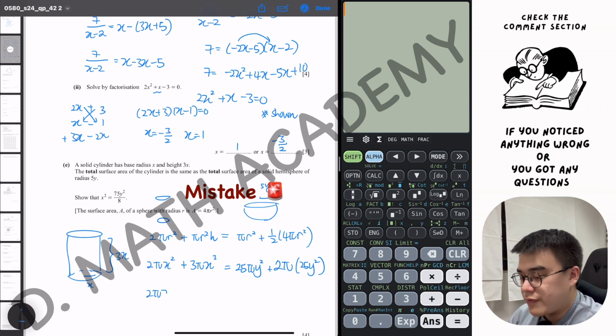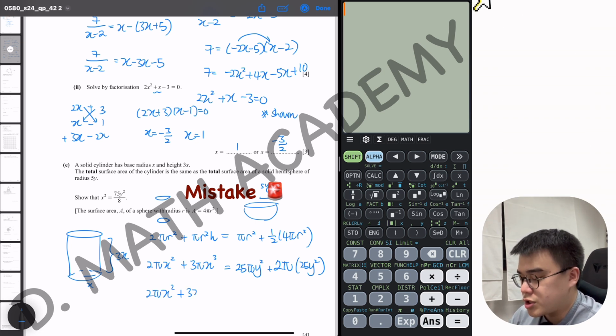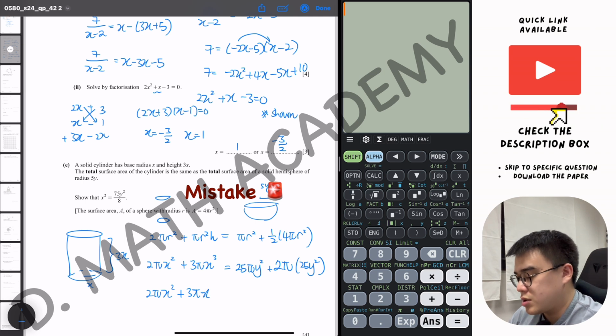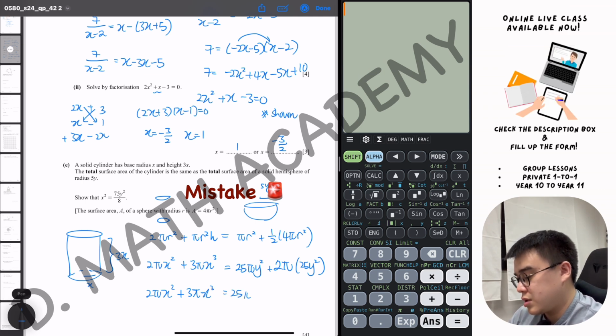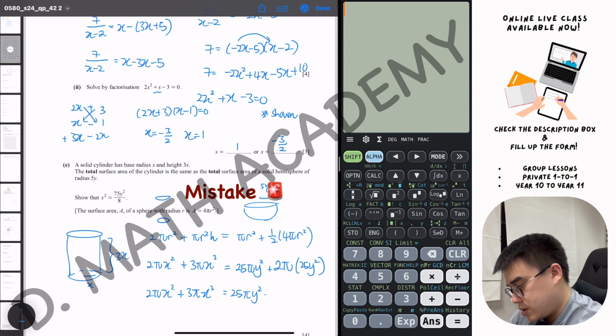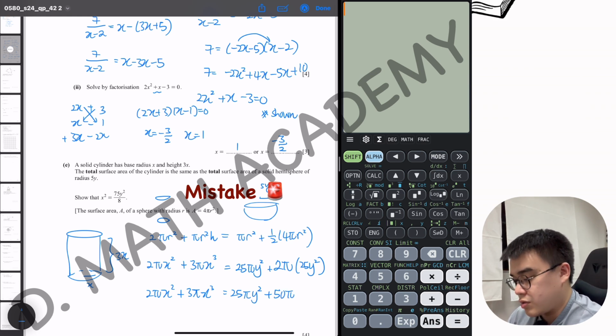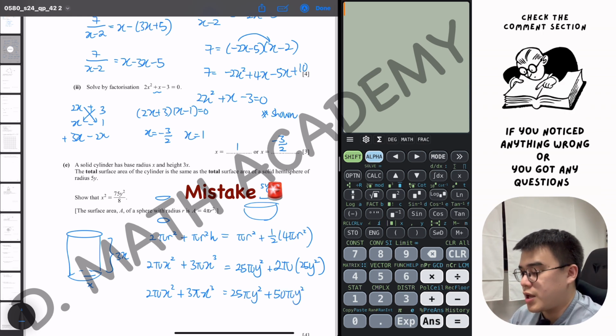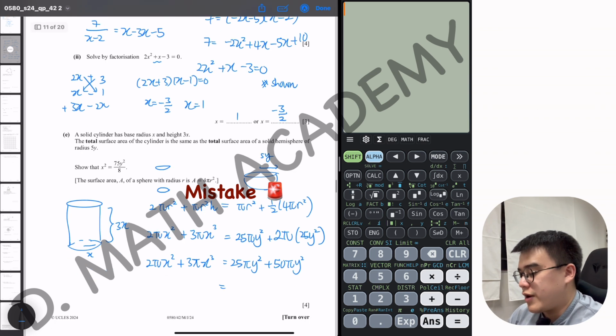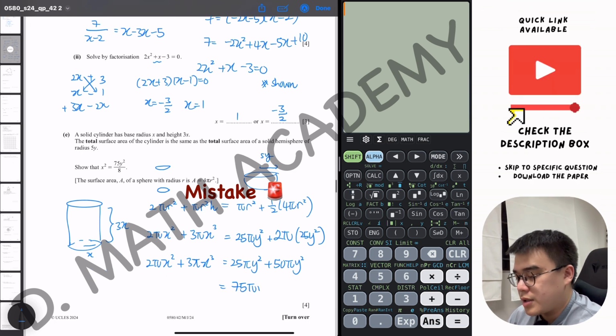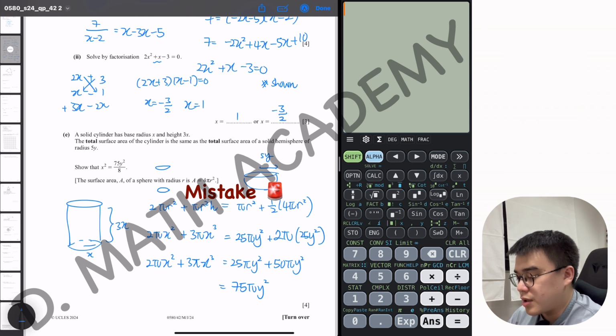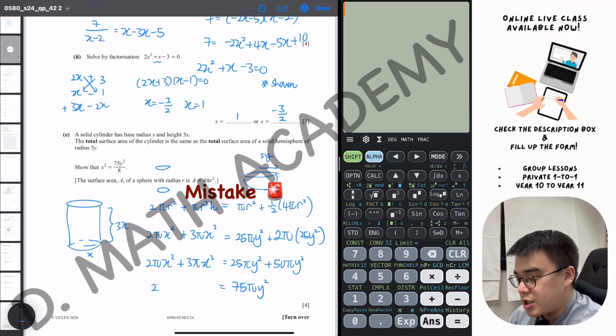Okay, I rearrange everything first before I come to a conclusion. So good news is you will get your 75 pi y squared at the back. The front part, however, remains unchanged, I guess.